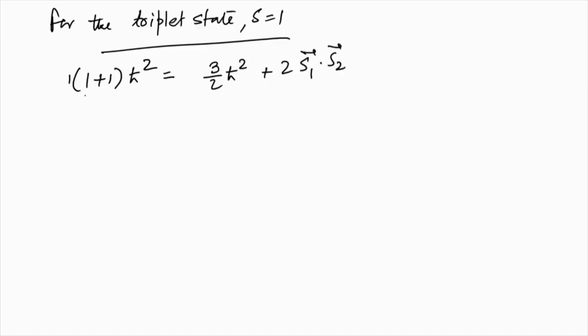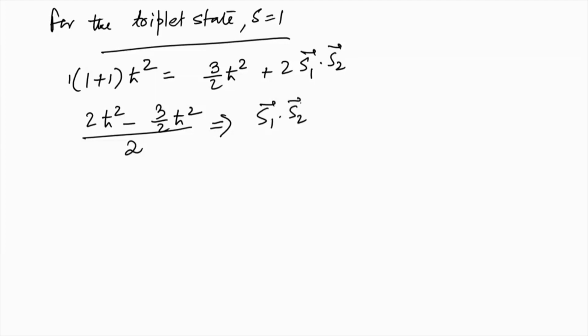So, 2 h cross square minus 3 half h cross square divided by 2 is the eigenvalue for S1 dot S2 for the triplet state. So, 2 minus 3 half is just half, so this is equal to 1/4 h cross square.